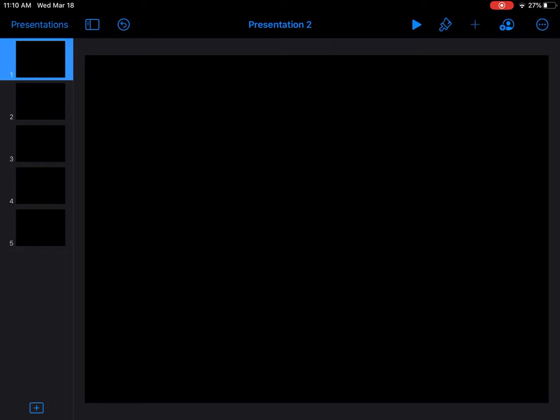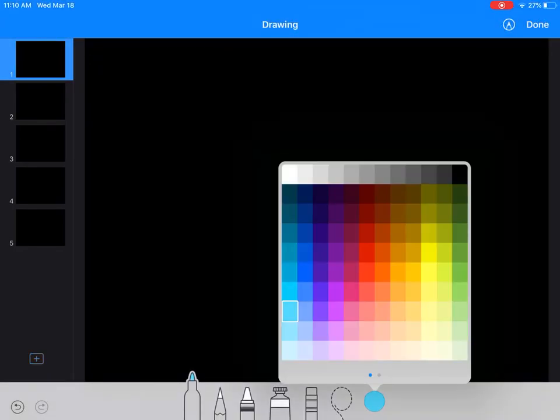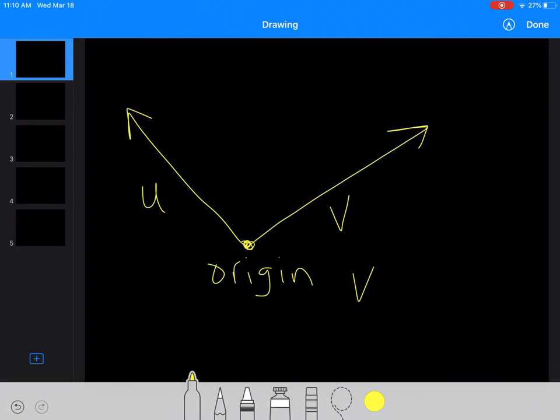So we're going to have two vectors, u and v, and they're connected by a central point here at the origin. The vectors are going to be in component form, so when they're in component form, they're connected via the origin.